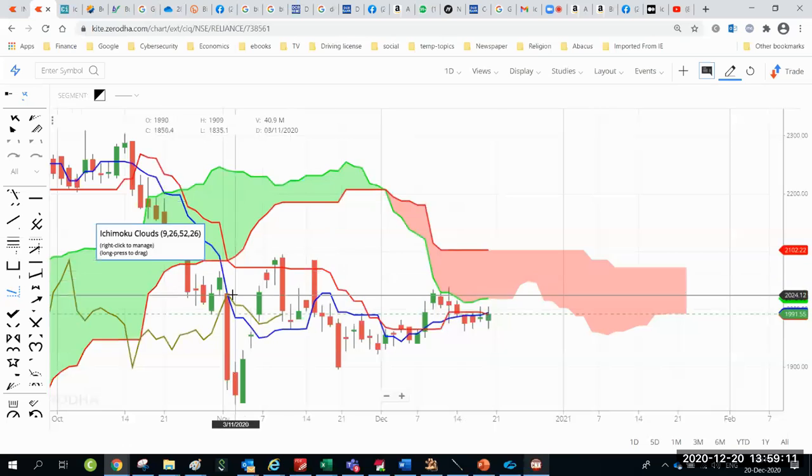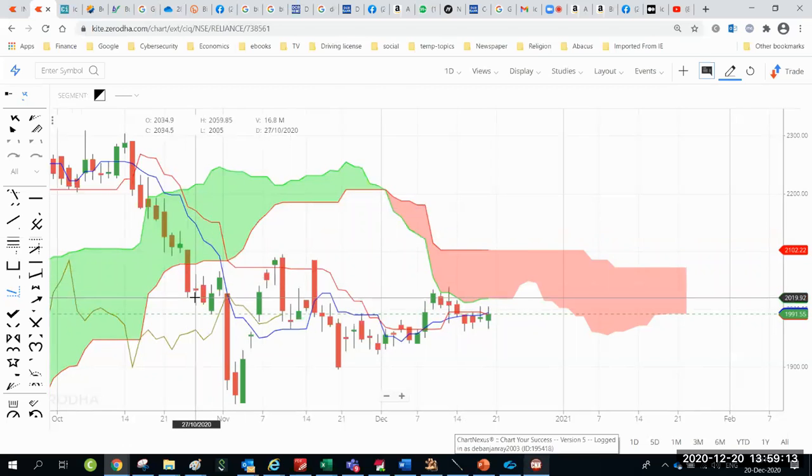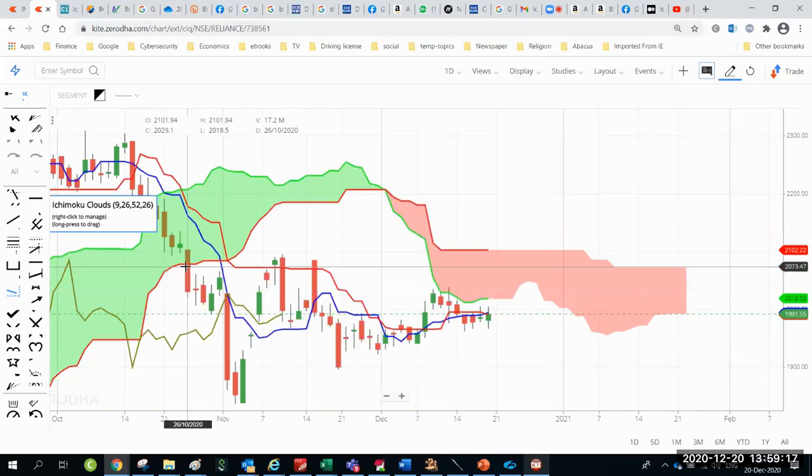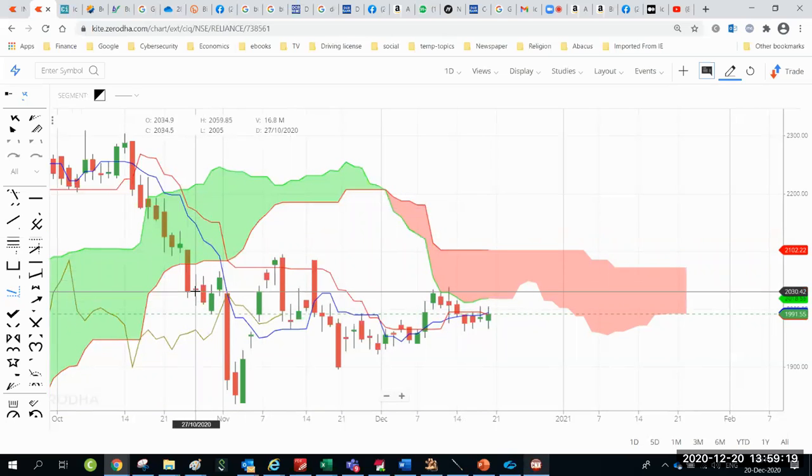For example, let's take the example of Reliance on 27th October, where there was a strong bearish move, 26th, 27th or 28th of October. I will switch to here.